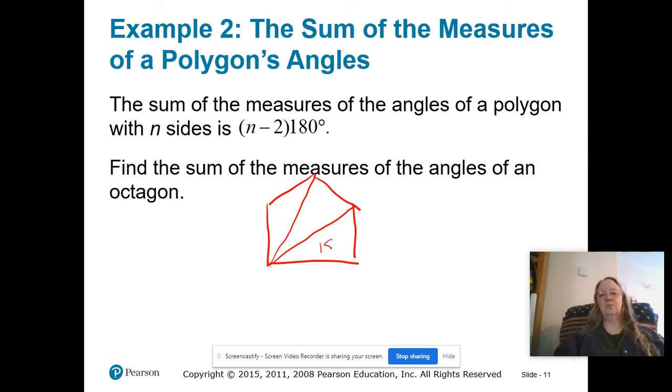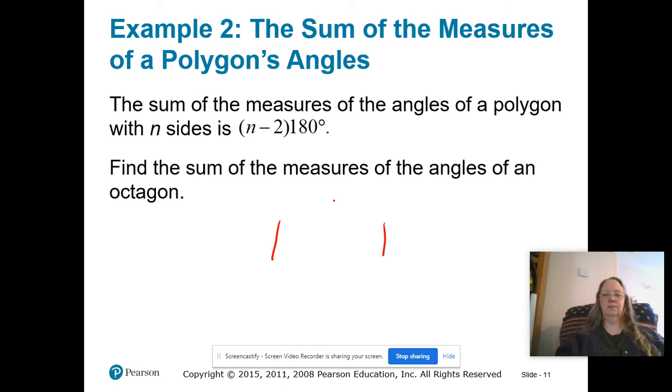And notice 180, 180, 180. Now I have 3 triangles times 180 for a five-sided figure. So I went from 5 sides down to 3 times 180. Let's do maybe one more.